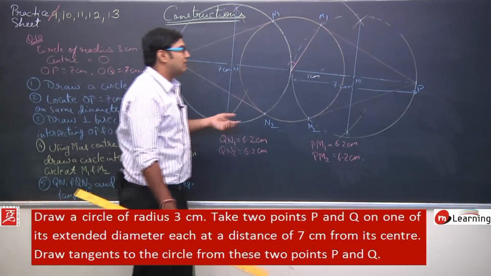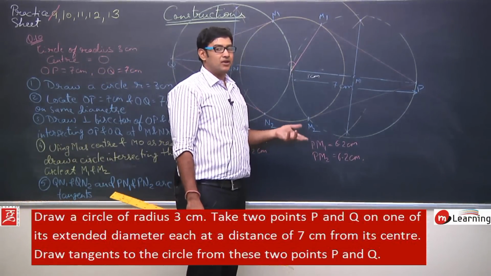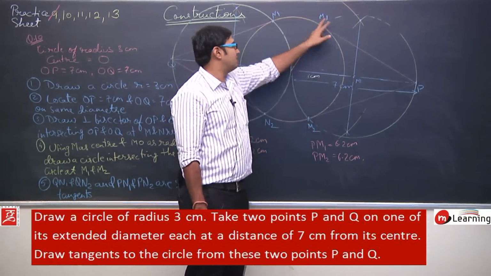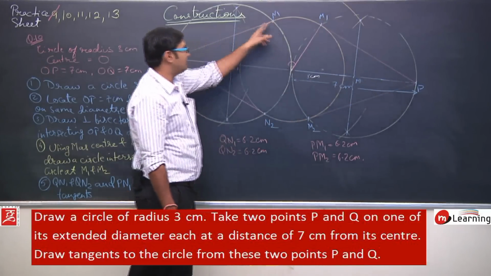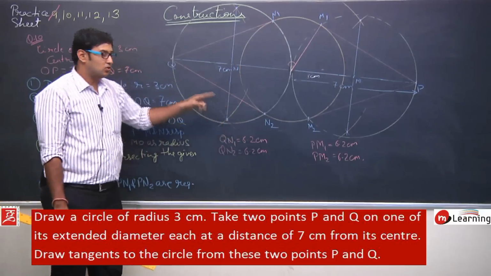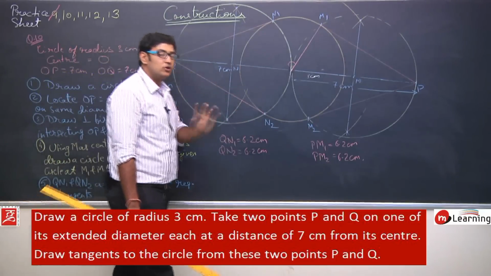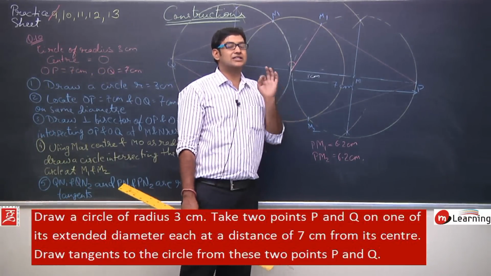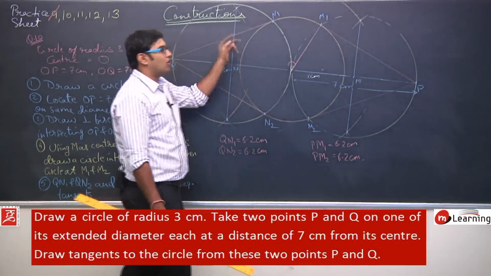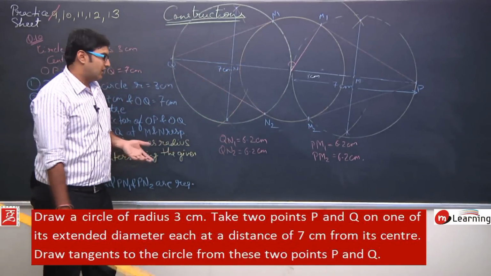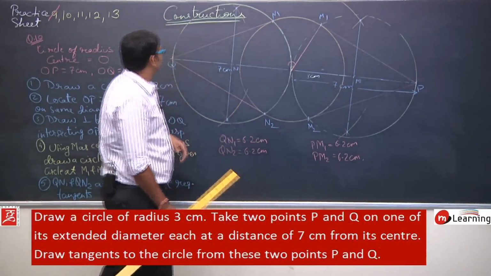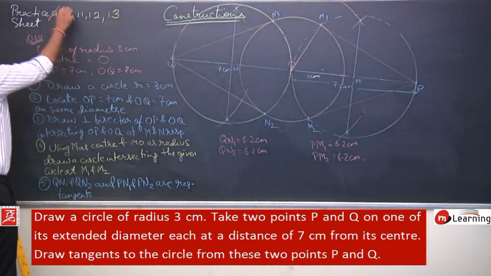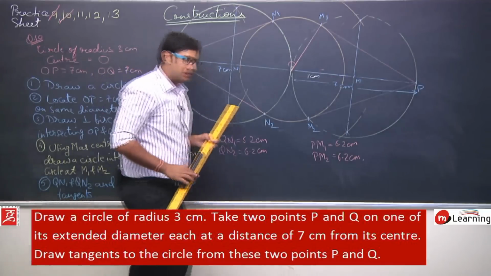So definitely if you apply the Pythagoras theorem in triangles OM1P, OM2P, ON1Q and ON2Q, you will find the same equation for all the tangents, and that's why I can say the length of the tangents are equal. Okay, so this is the solution for question number 10. Interesting question, please note this.